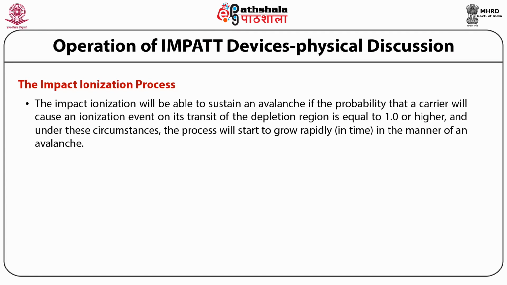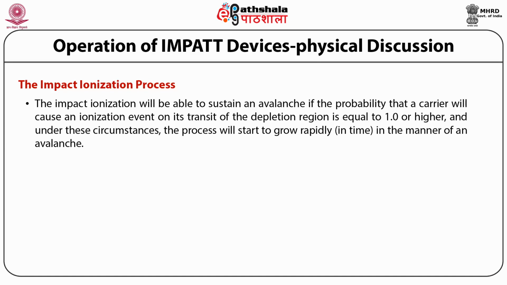The impact ionization will be able to sustain an avalanche if the probability that a carrier will cause an ionization event on its transit of the depletion region is equal to 1 or higher, and under these circumstances the process will start to grow rapidly in time in the manner of an avalanche.